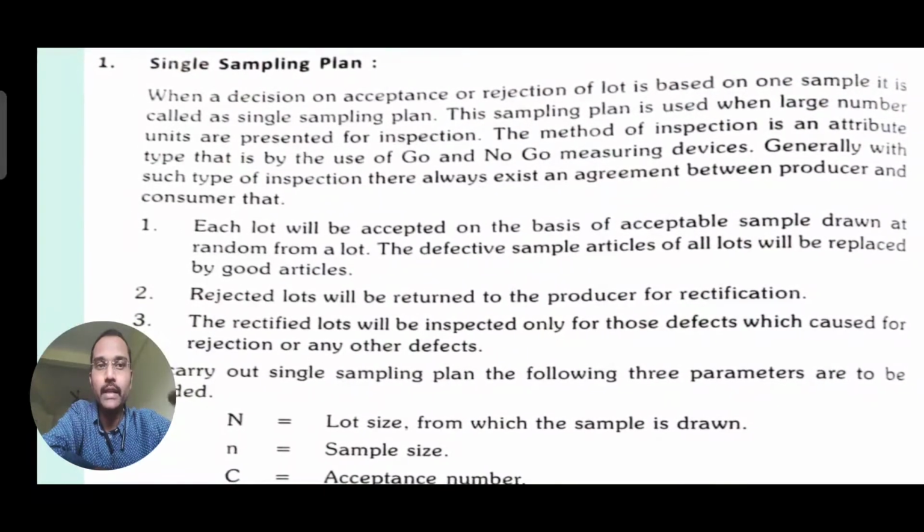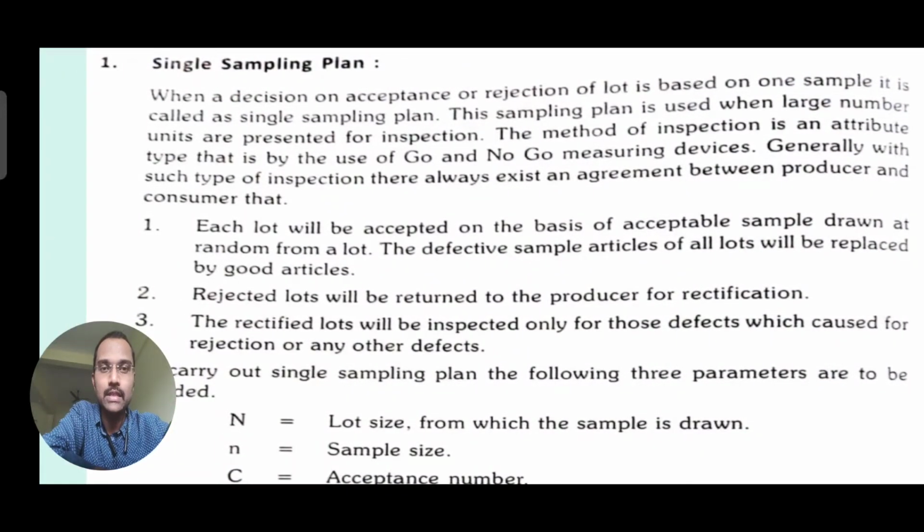In such inspections, there will be an agreement between the producer and the consumer. Producer means the one who produces or manufactures the products; consumer means those who purchase those products. The lot will be accepted only on the basis of an acceptable sample, whichever one sample you select randomly from a lot.